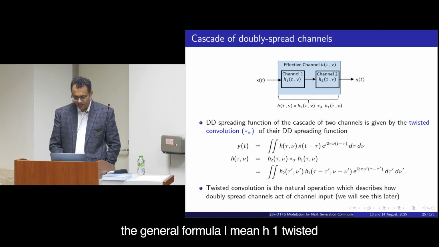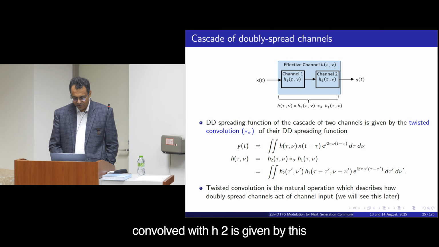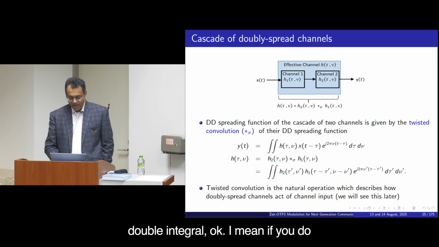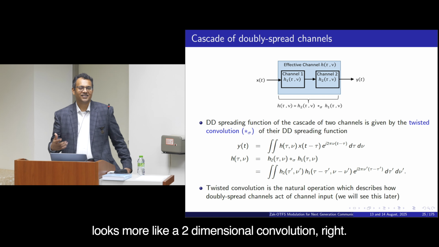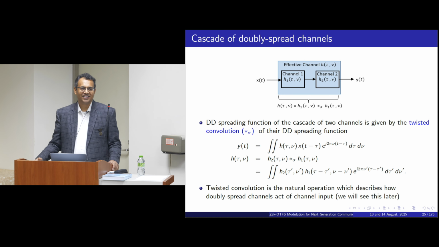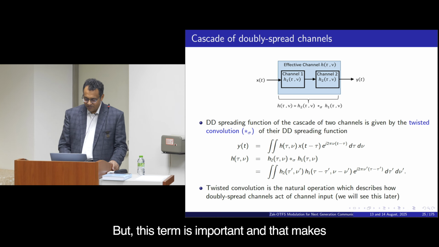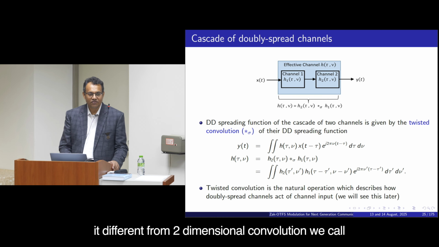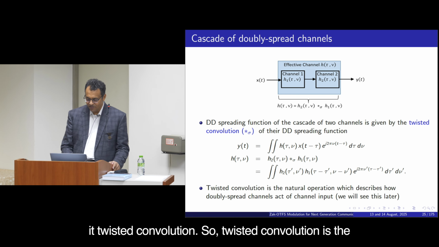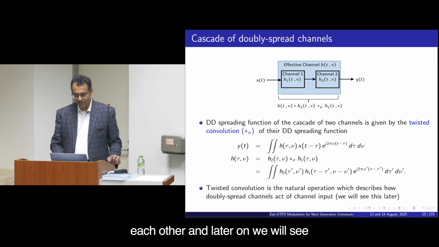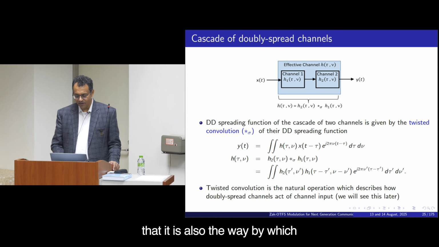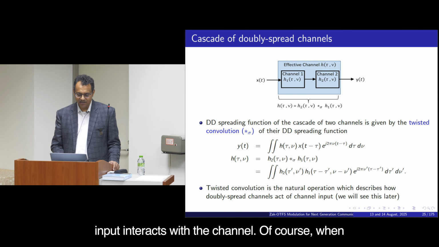But this is the general formula: h1 twisted convolved with h2 is given by this double integral. If you don't have this term over here, then it looks more like a 2-dimensional convolution, right? But this term is important, and that makes it different from 2-dimensional convolution. We call it twisted convolution. Twisted convolution is the natural way by which channels interact with each other, and later on we'll see that it's also the way by which the input interacts with the channel.